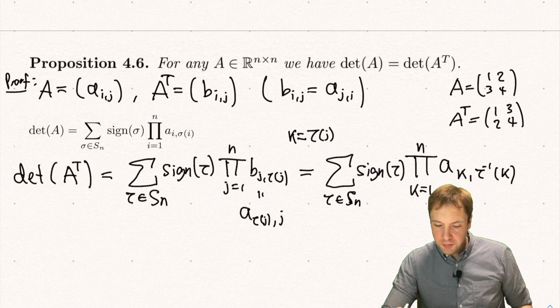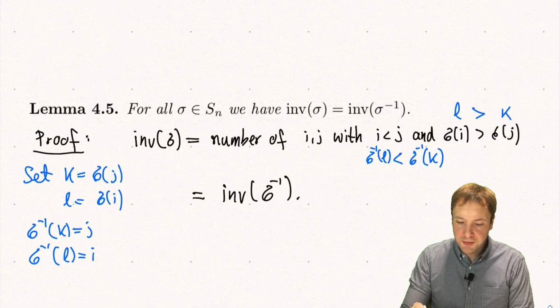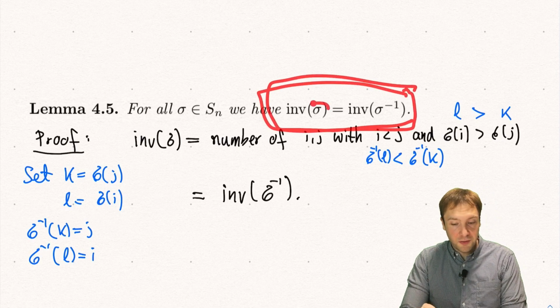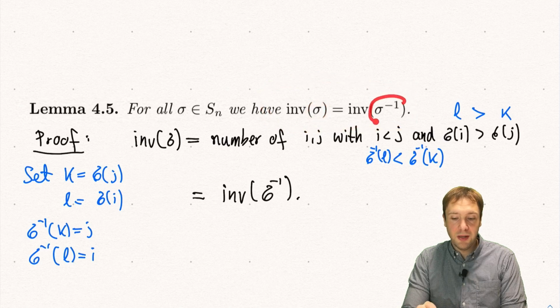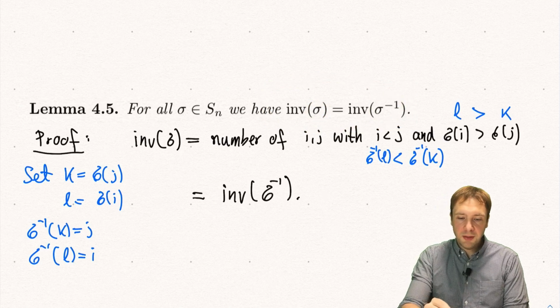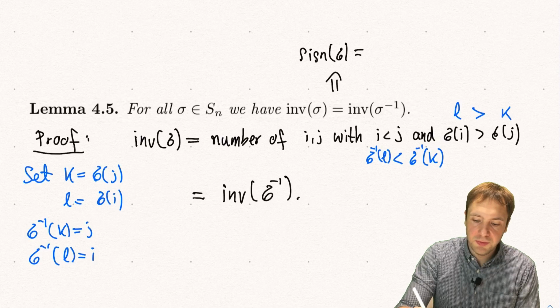But now, we had this lemma here, which stated that the number of inversions of some sigma equals the number of inversions of sigma inverse. So in particular, from this we get that the sign of sigma equals the sign of sigma inverse.